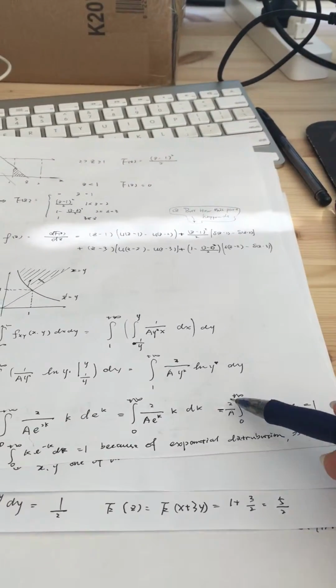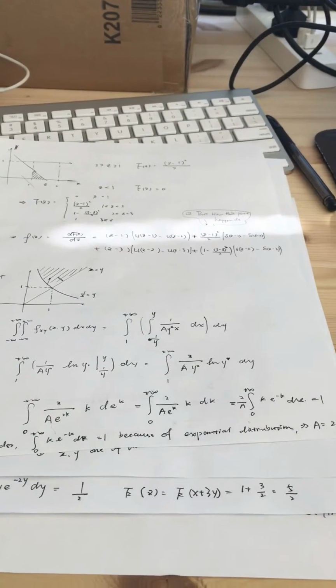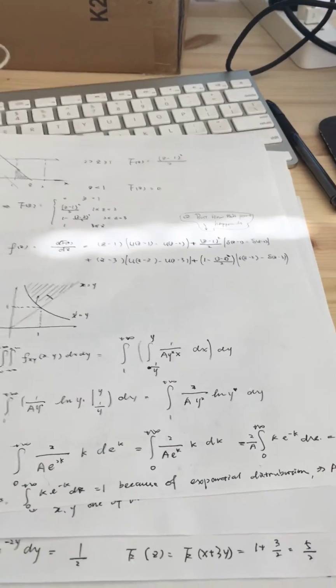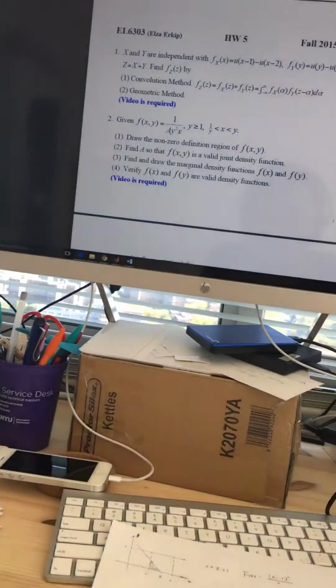So this part equals 1, and the whole thing equals 1, which gives us the clue that a equals 2, making f(x,y) a valid joint density function.